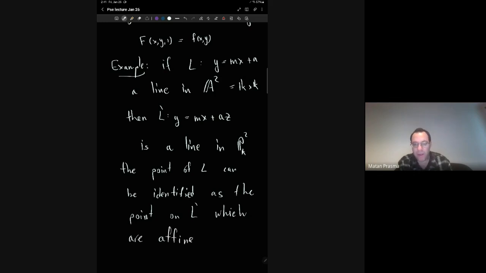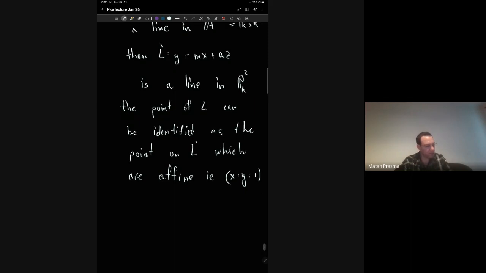Remember, affine points in the projective space are simply the points of the form x, y, 1. And indeed, when I substitute x, y, 1 into the equation of L prime, then I simply get the equation of L. Okay?